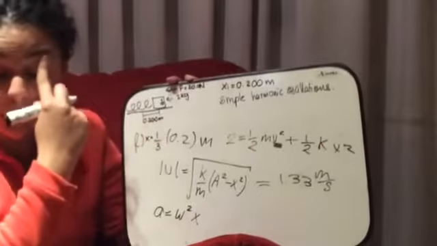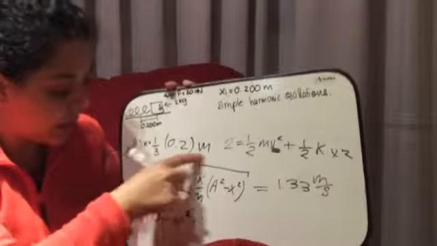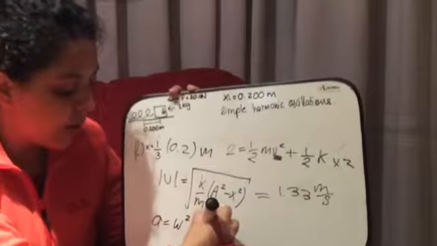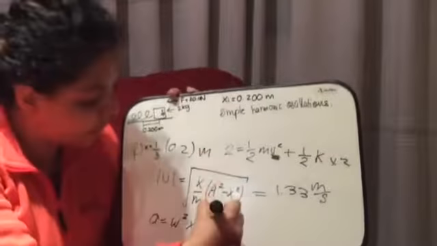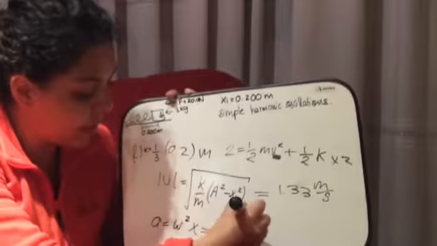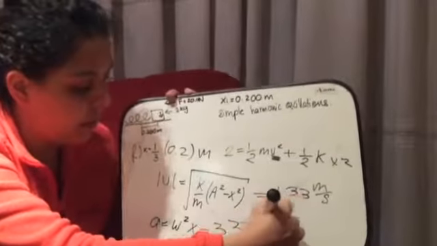It's not 0.2, because that's the amplitude, but this value here, complete. So this should equal 3.33 meters per second squared. So those are all the answers for the first quiz.